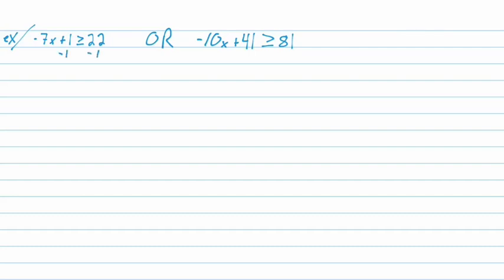So we have an or, solve them individually. That'll give me negative 7x is greater than or equal to 21, which means x is, let me back up. When I divide this by negative 7, what has to happen?